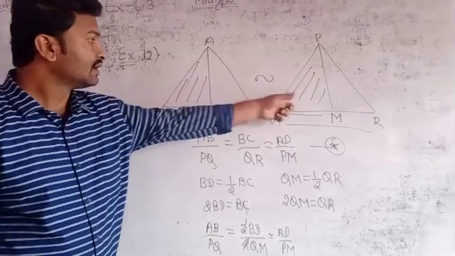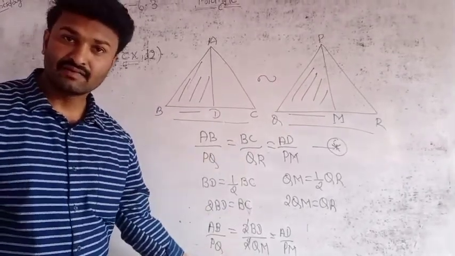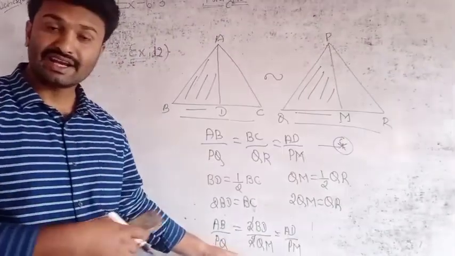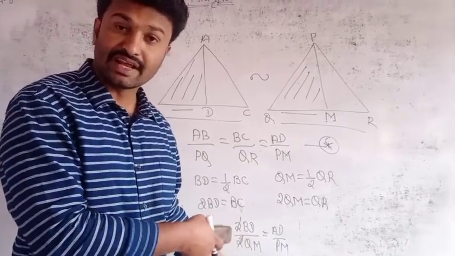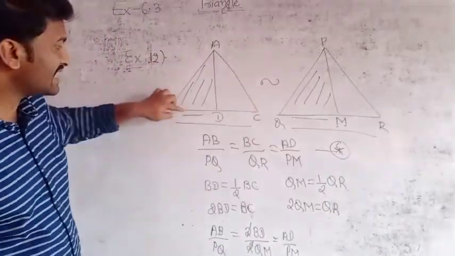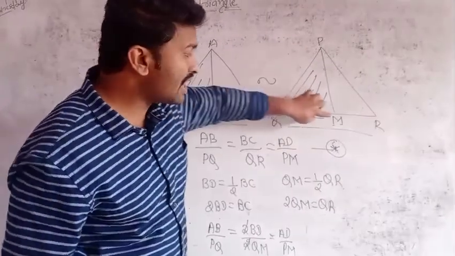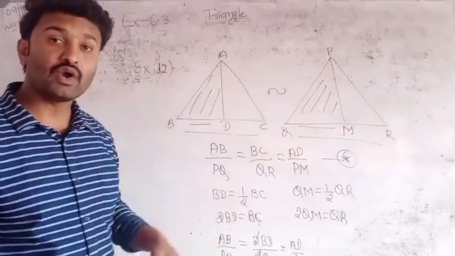Therefore, both the triangles are similar. Here I got their corresponding sides are in the same ratio. Means ABD is similar to PQM. Now, what is our aim?